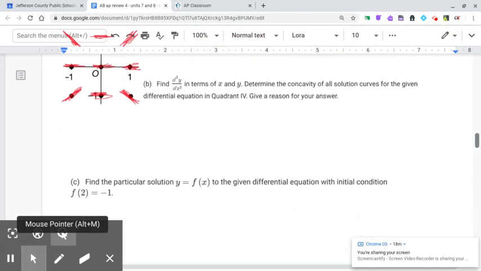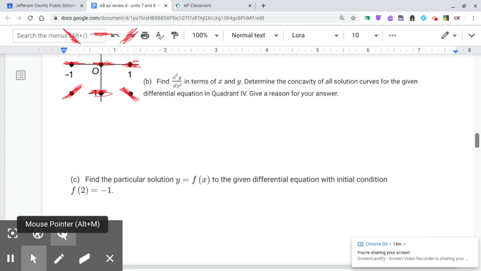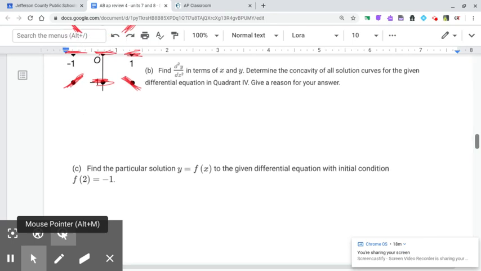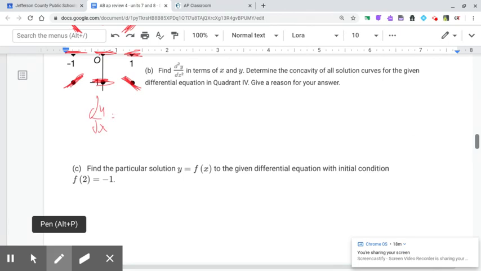So one of the skills you need to be able to do is take the derivative of a derivative for a differential equation. So say I have dy dx is xy cubed. To get the second derivative, I'm going to take the derivative with respect to x of both sides.